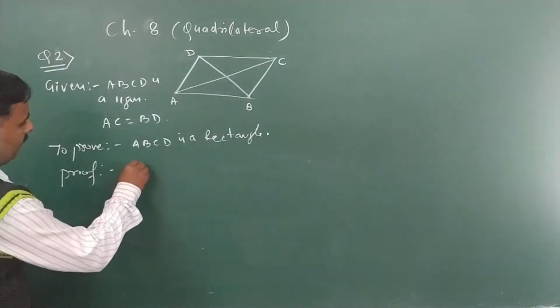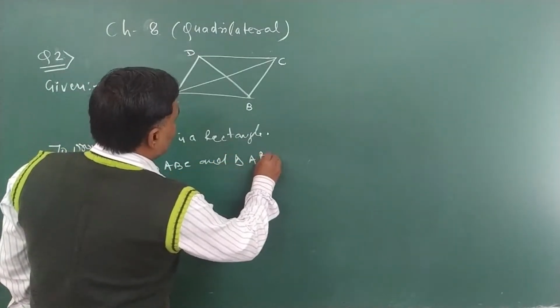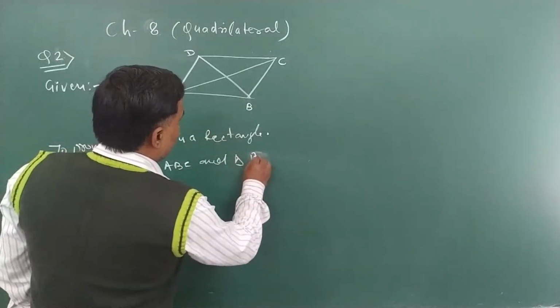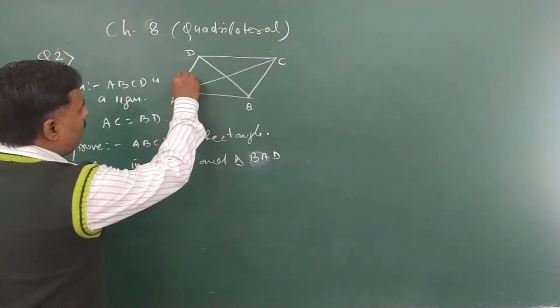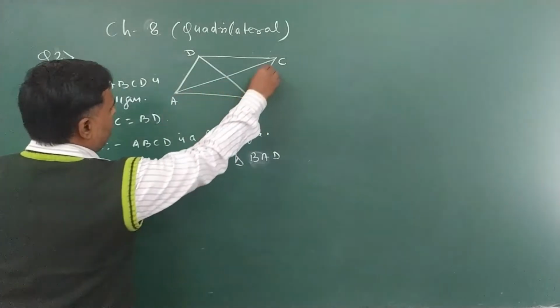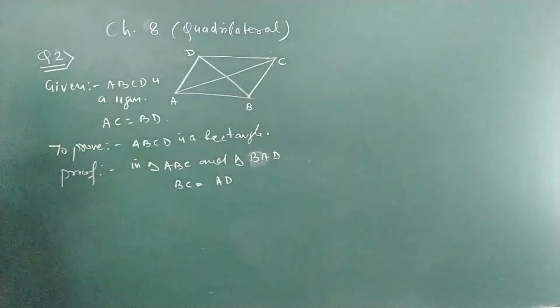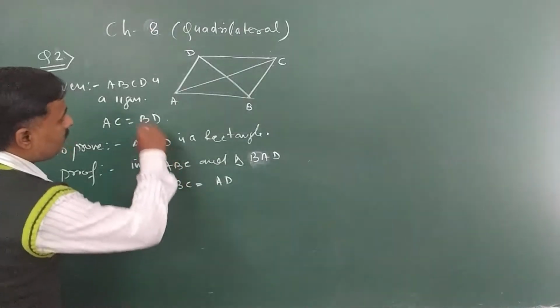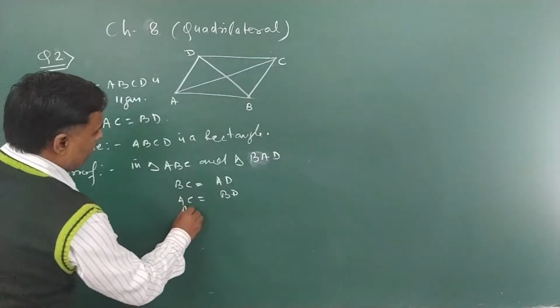Now I'm taking two triangles, triangle ABC and triangle BAD. These two triangles I'm taking, and we are proving that they are congruent. Now we can see here that BC of ABC is equal to AD of BAD, the diagonal AC is equal to BD, and AB is common.